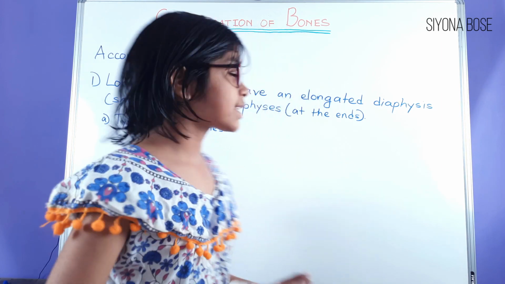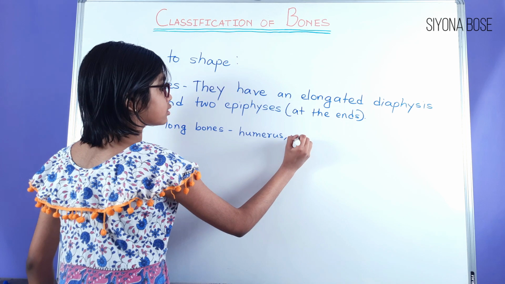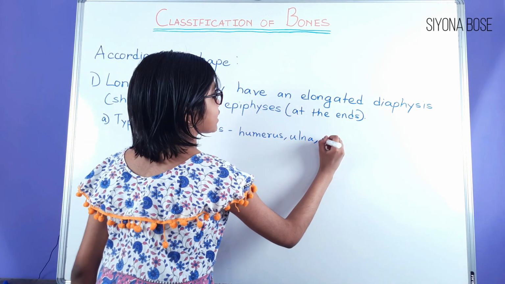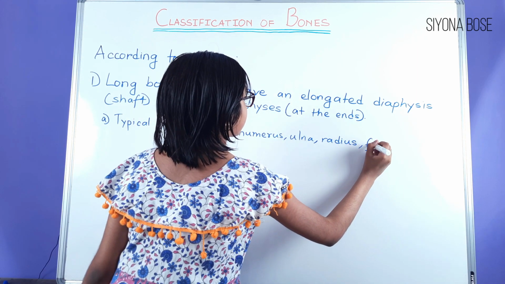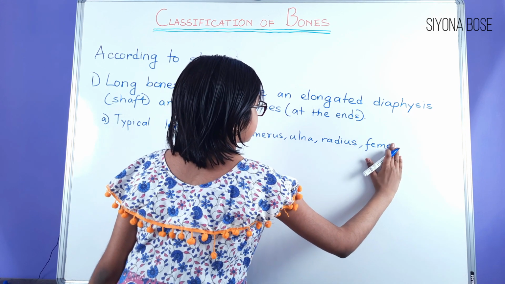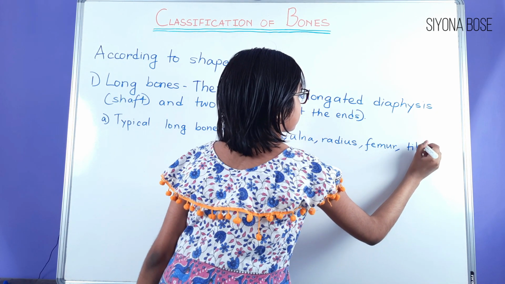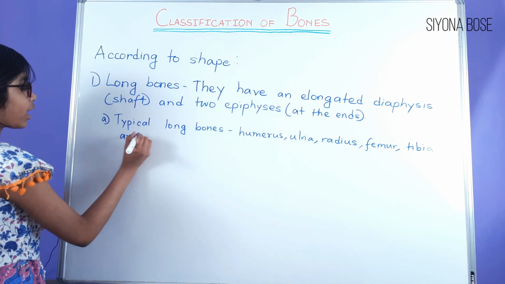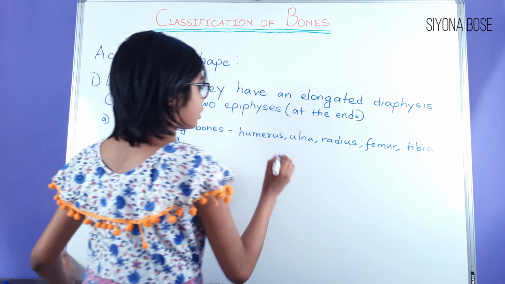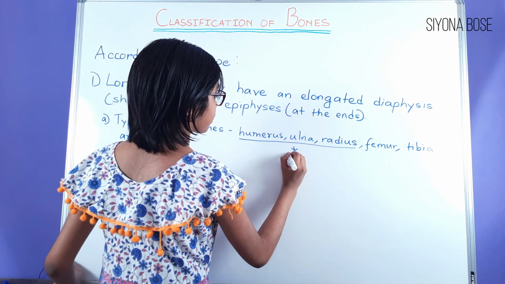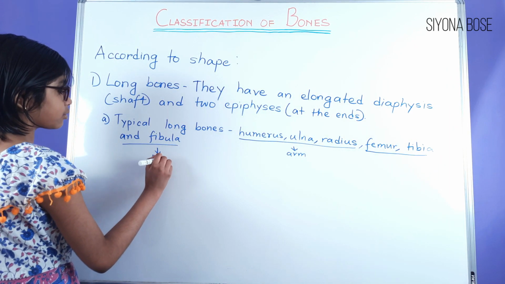They are the humerus, ulna, radius, which are present in the hand, the arm, and the femur, the thigh bone, tibia, and fibula. These are in the leg.